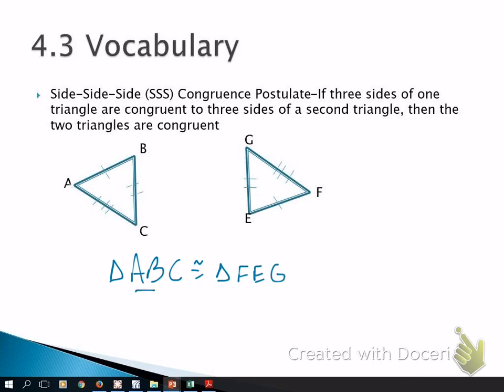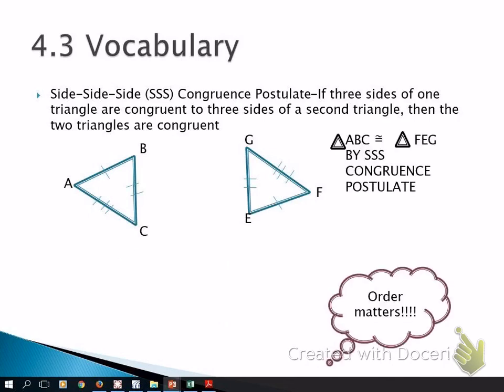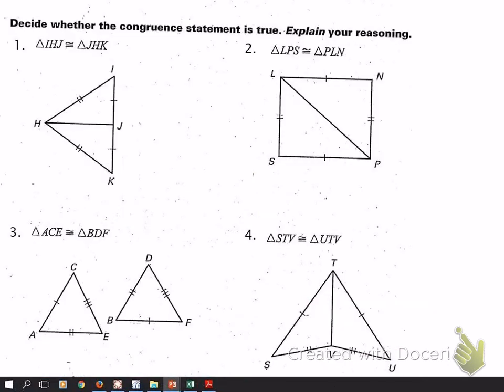So that AB and FE are congruent, BC and EG are congruent, and AC and FG are congruent. So all of my corresponding sides have matched up, and the angles will have to fall into place. Okay, and we can say that these two triangles are congruent by the side-side-side congruence postulate. You don't have to say congruence postulate, you can just say side-side-side. Okay? Just remember that when we write our congruence statement, that order does matter. We have to watch out for that.